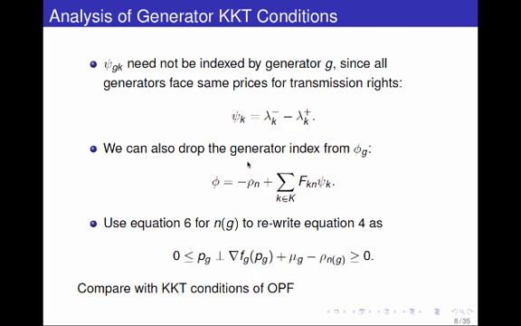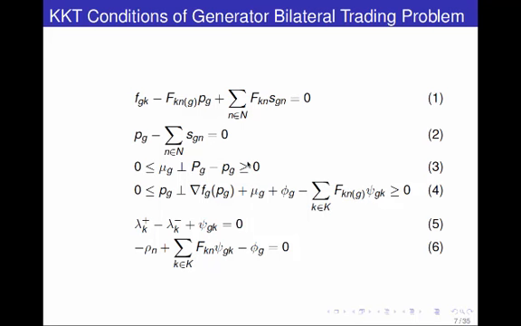If you look back at the KKT conditions of the full OPF problem, this 1, 2, 3 plus the rest over here is identical to a subset of the KKT conditions of the full OPF.